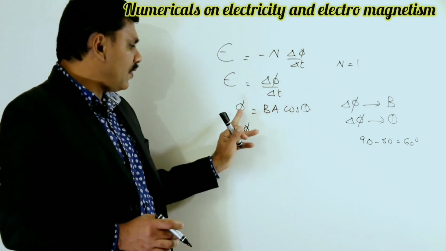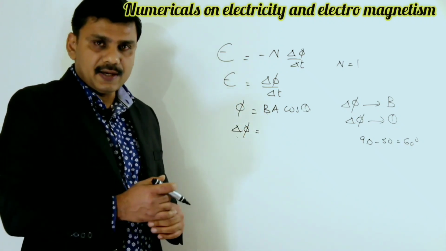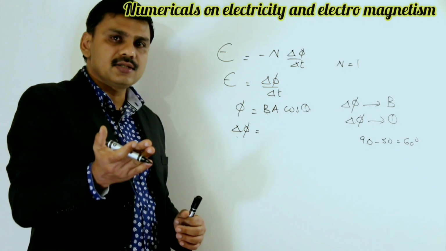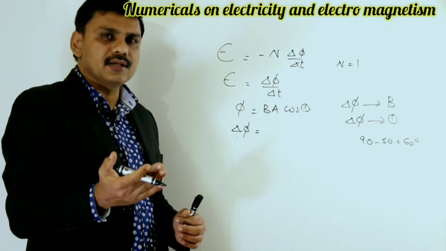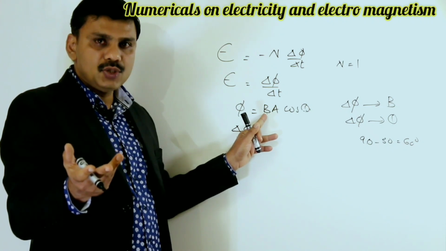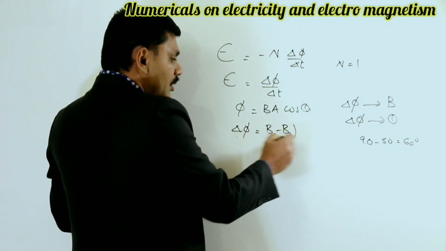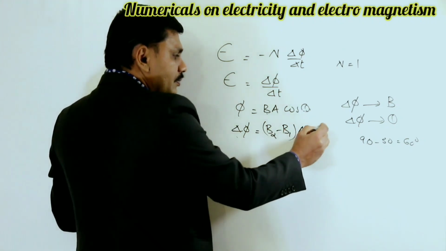The flux can also be changed by the change in the magnetic field, B. If the magnetic field is changing, you can take B2 and B1, so B2 minus B1. Then A cos theta.